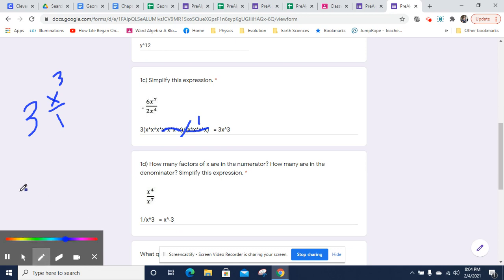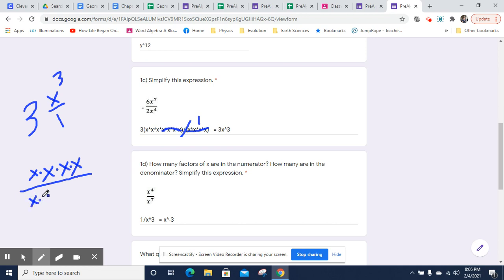So what's happening here, of course, is we've got x times x times x times x in the numerator. And in the denominator, we've got x times x times x. There's a lot of writing x. I'm not a big fan of this writing tool.